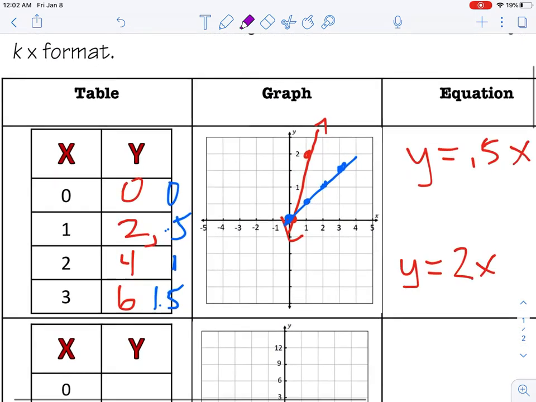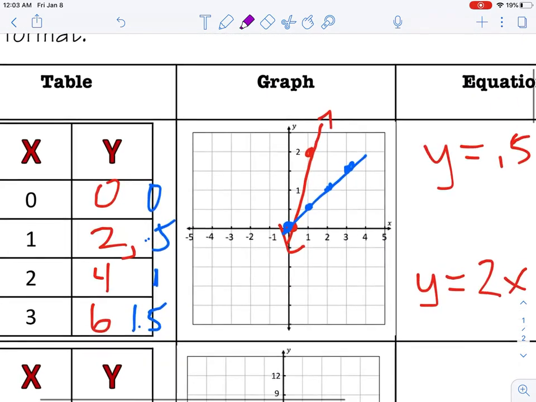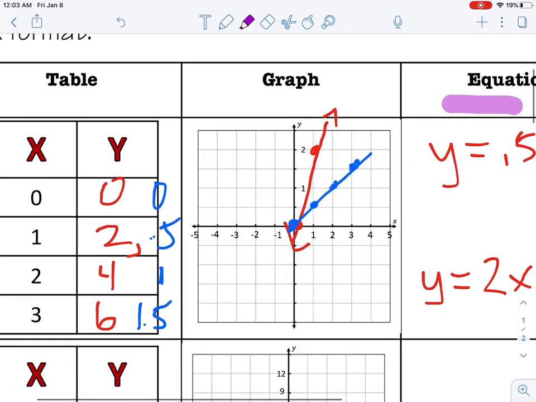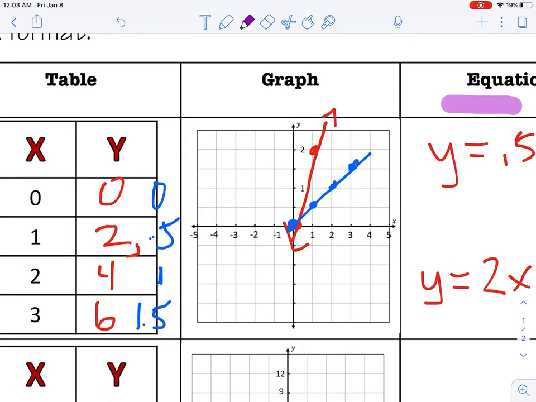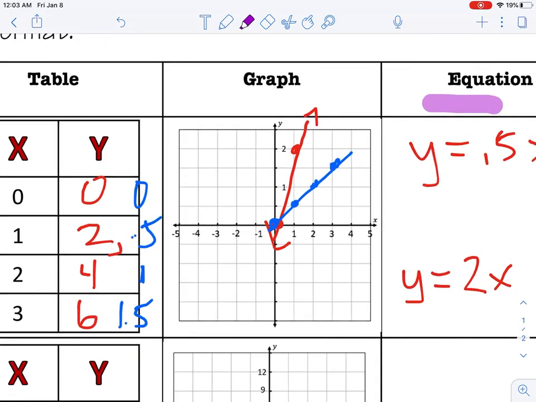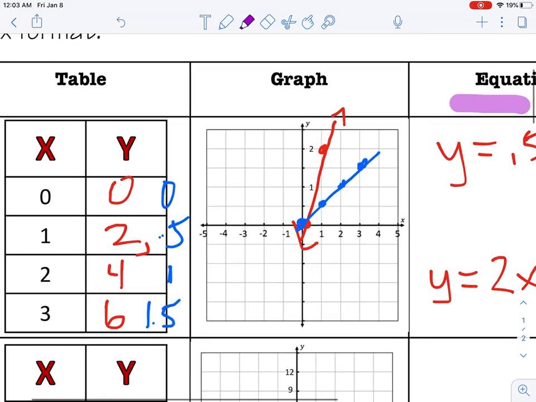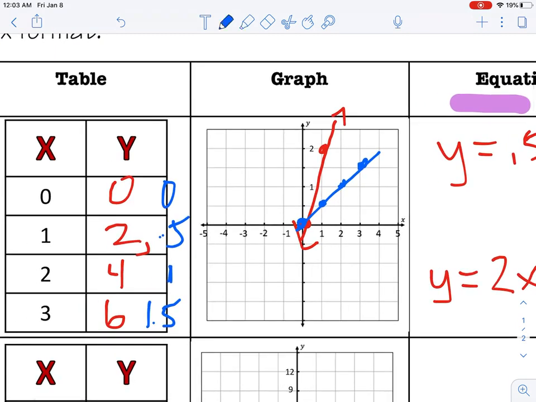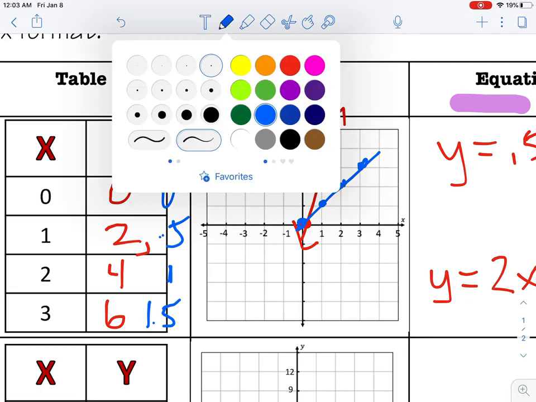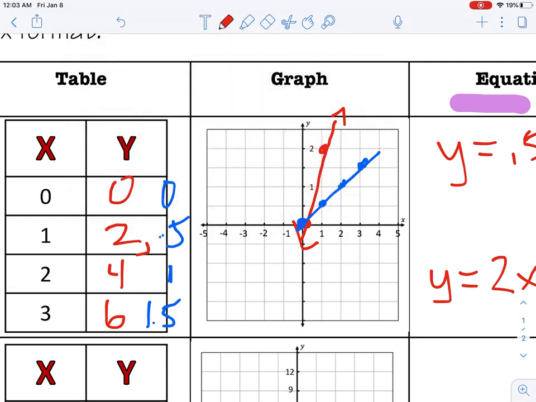Well, let's go up here and look at our graph. Well, we know our unit rate in our equations is 0.5 and 2. So if you want to find a unit rate in a graph, well, look at 2 over here in our table and look at 0.5 in our table, which is over here.